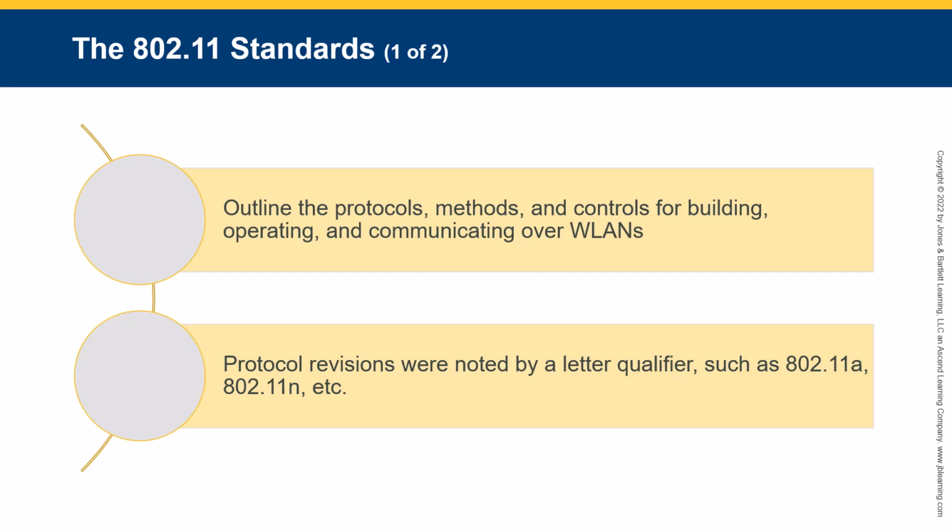So 802.11, that's the IEEE designation. 802.11a, b, g, n, ax, e, all of the other variations are denoted after the 802.11.